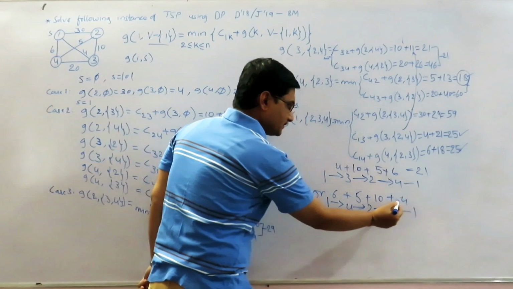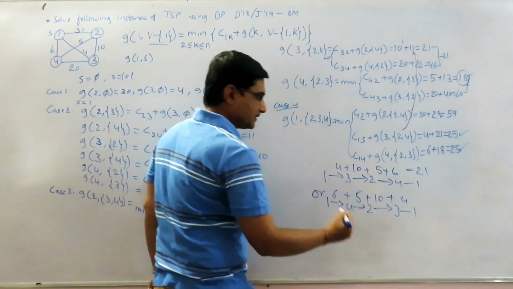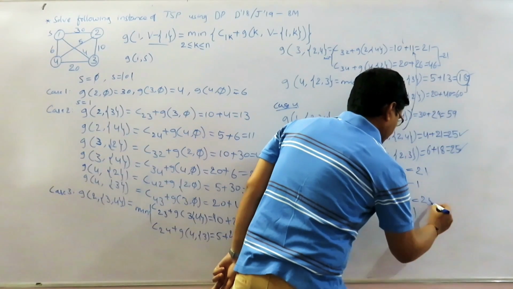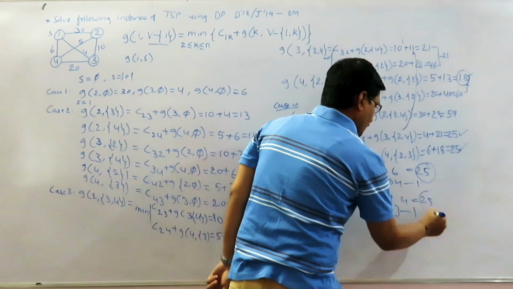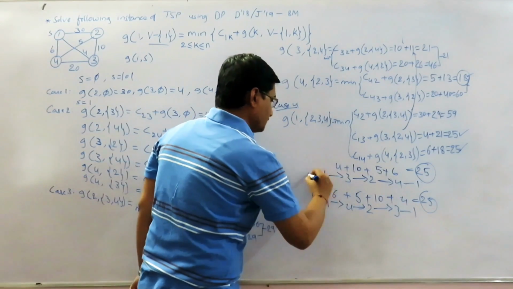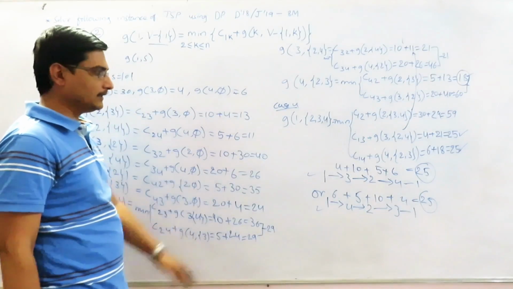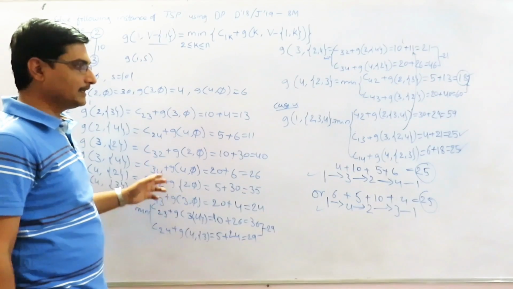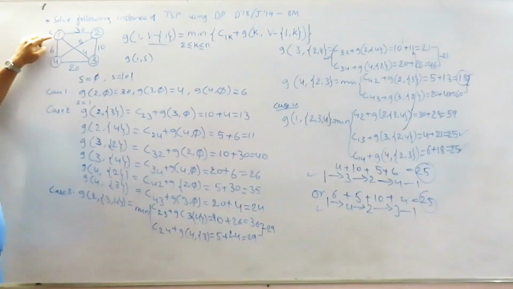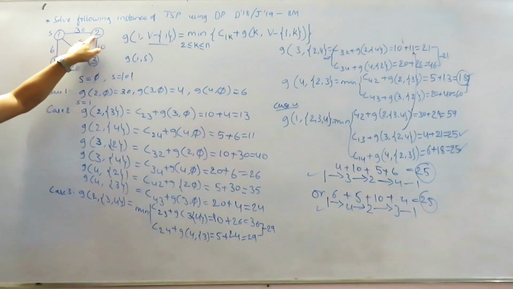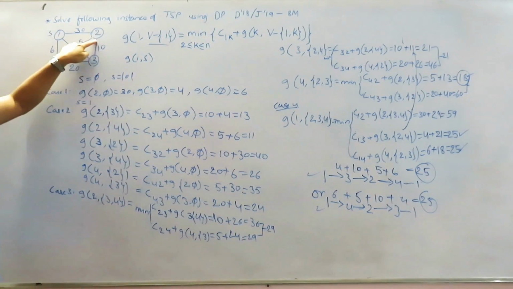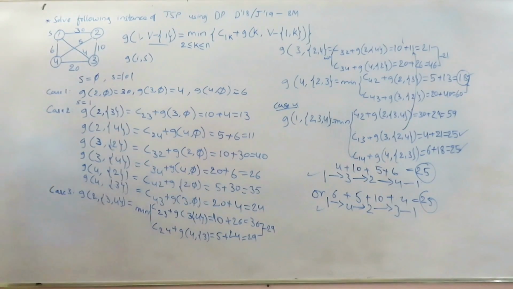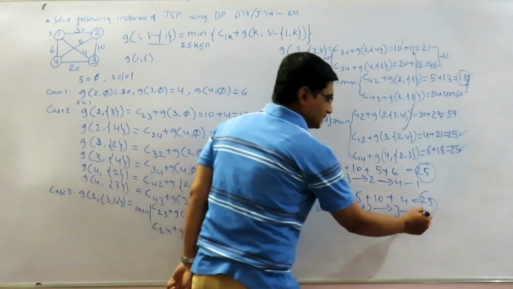So 10 plus 4 is 14 plus 5 is 19 plus 6 is 25. This is also 25. So either we can follow this path or this path. We get the shortest path that he can visit: 1 to 3, 3 to 2, 2 to 4, 4 to 1, one path. Otherwise 1 to 4, 4 to 2, 2 to 3, 3 to 1, this path. So the result is 25.